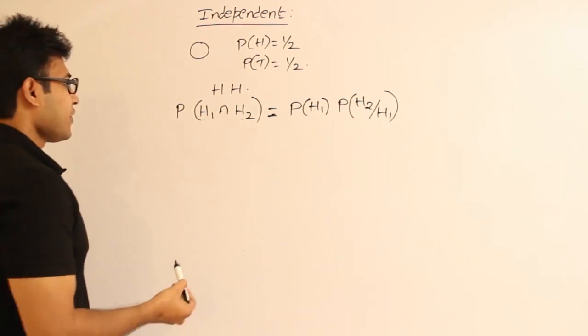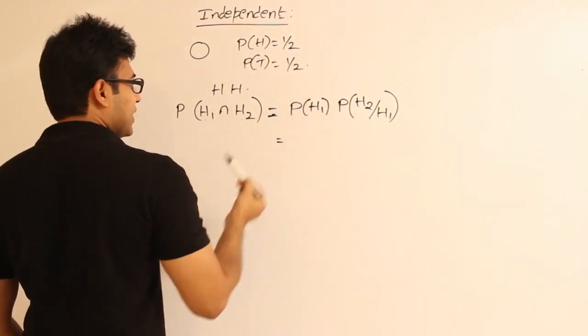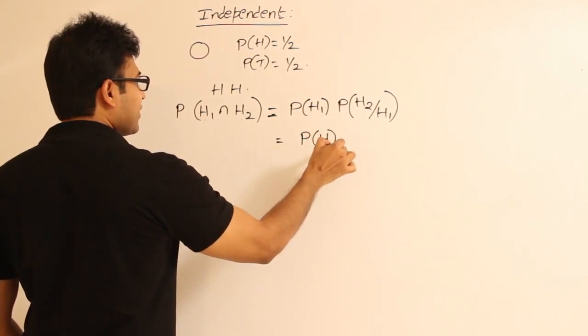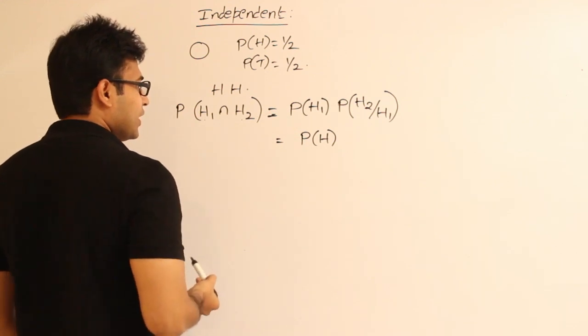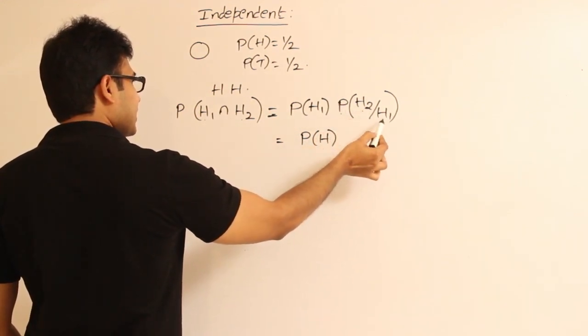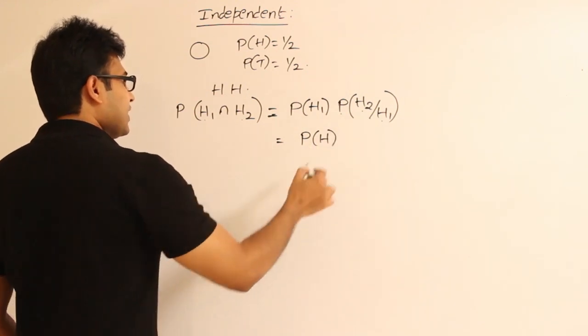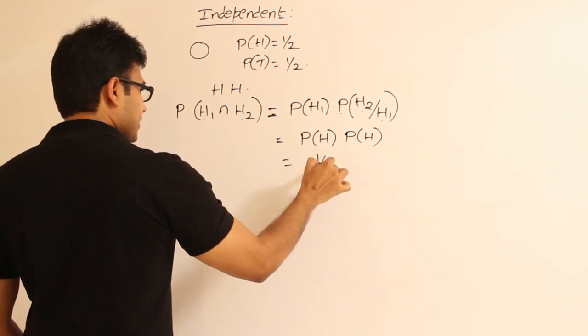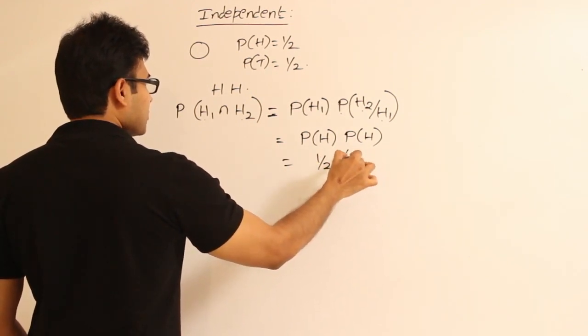Now probability of getting a head in the first flip will be nothing but probability of getting a head, which is equal to 1 by 2, as well as probability of getting a head in the second flip, given that first flip is a head, is also equal to probability of getting a head, which means this one is going to be 1 by 2 and this one is going to be 1 by 2.